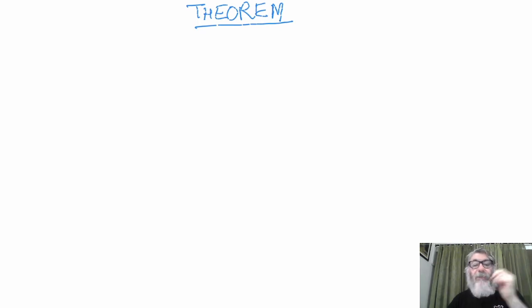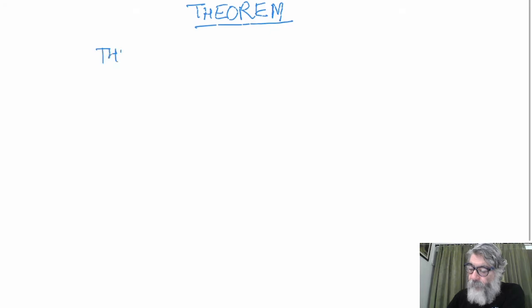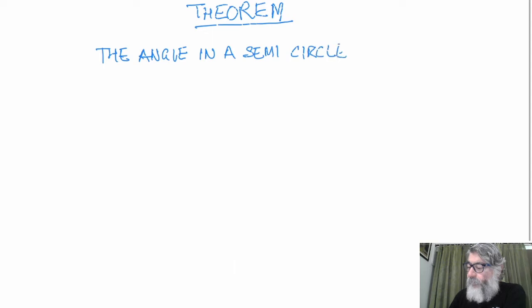Now we are doing a very interesting theorem, and all these theorems are related to each other. The statement is: the angle in a semicircle is a right angle.